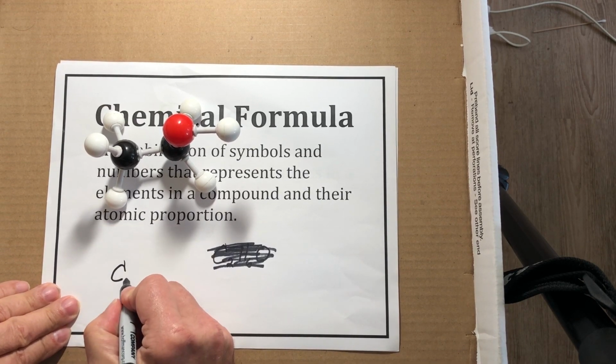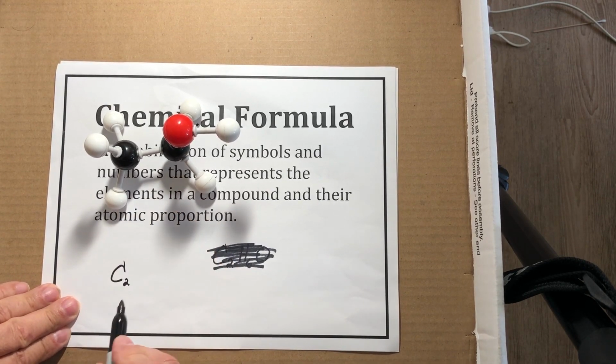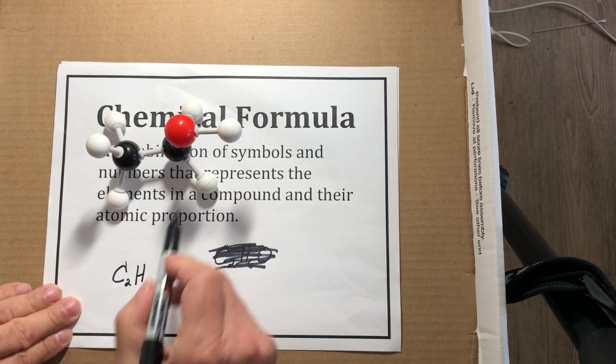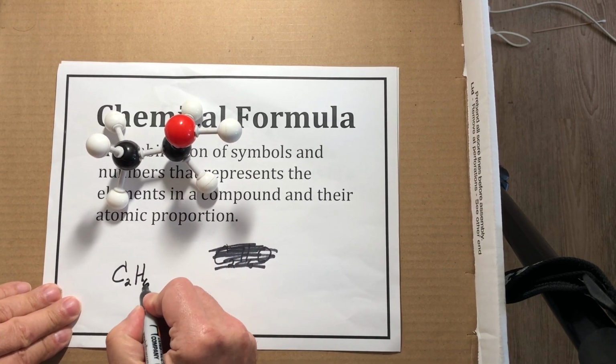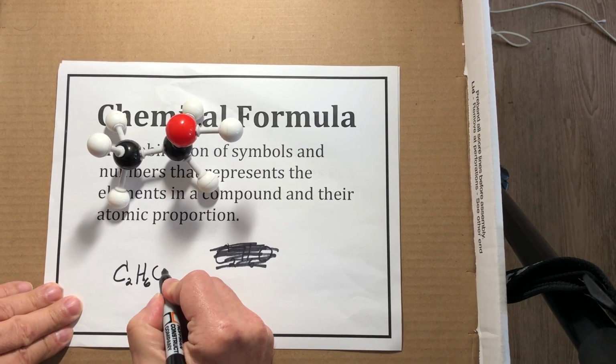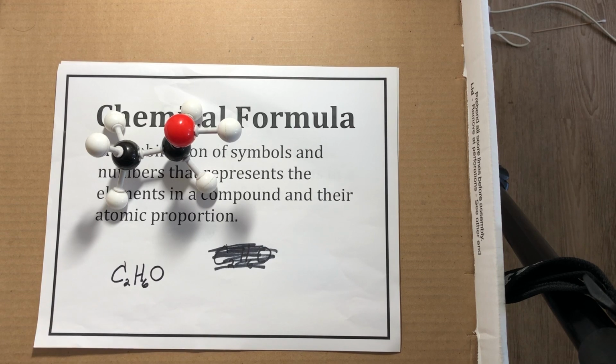It uses subscripts, meaning there are two. H is another symbol, hydrogen, 1, 2, 3, 4, 5, 6. And then we have one oxygen. So the chemical formula, again, for ethanol is C2H6O.